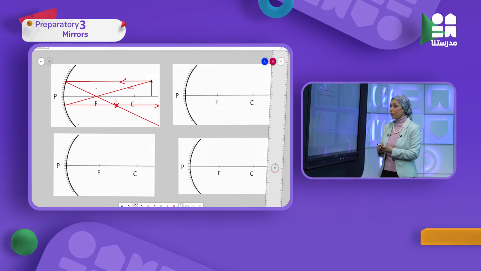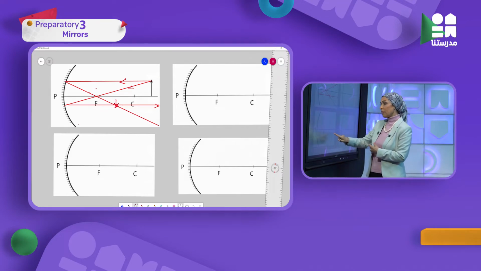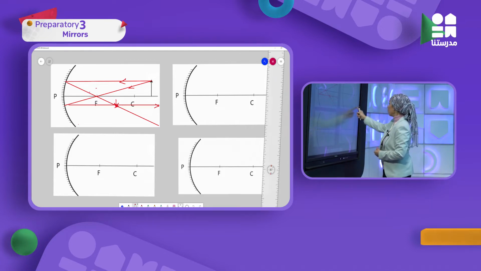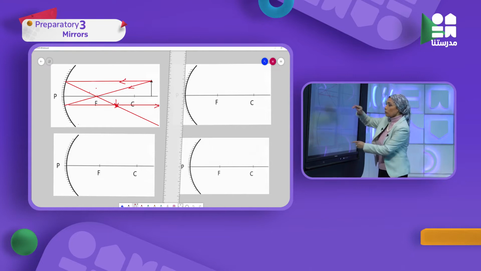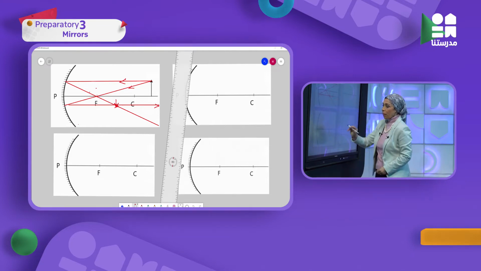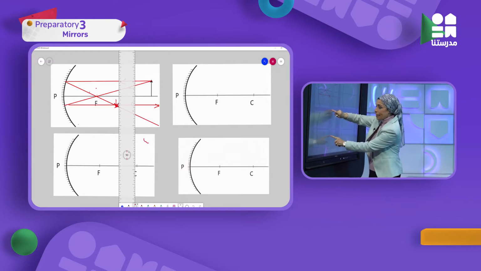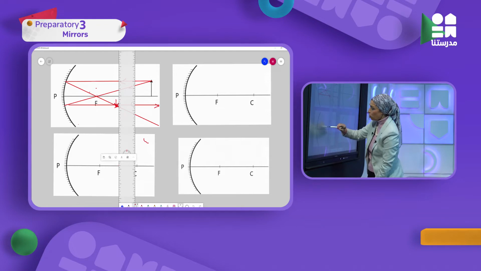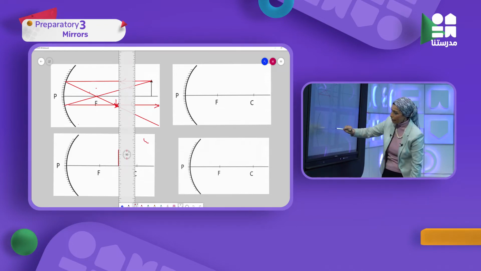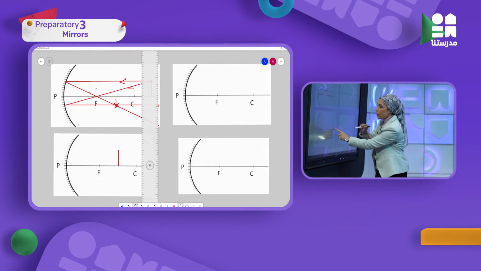Let's say we will take the object between the C and F. Let's try together between the C and F. As we agreed at the beginning, we set up our drawing at 6 centimeters length and adjusted everything, and then we start to make the object here between the C and F. This is the object.